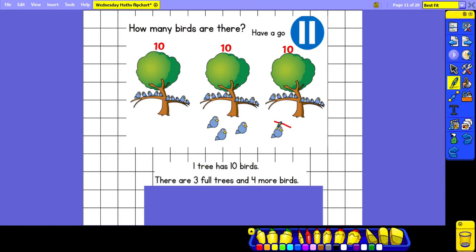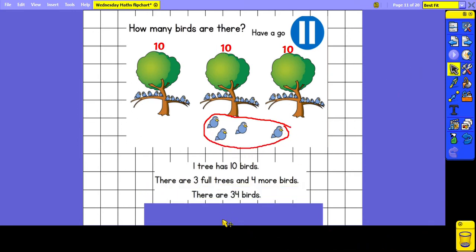And these are the 4 more. So altogether, we know that there are 34 birds because there are 10, 20, 30, 31, 32, 33, 34. So there are 34 birds in total.